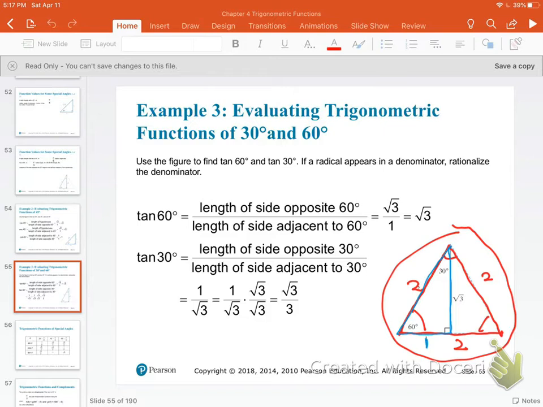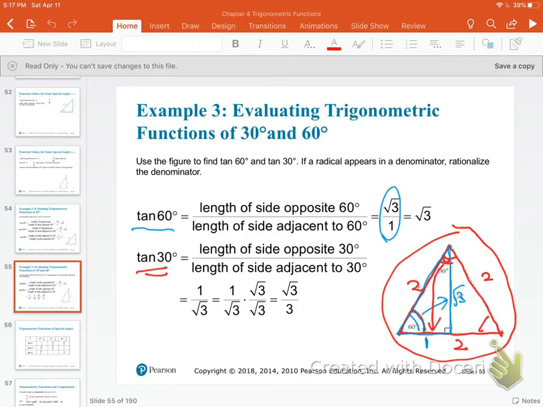So here is 1. Use the Pythagorean theorem, you can find the height here is radical 3. And then use the definition of trig, you can find tangent 60. What's tangent 60? We look at this angle 60, opposite is radical 3, adjacent is 1, so it's radical 3 over 1. When you look at angle 30, what's the opposite of 30?